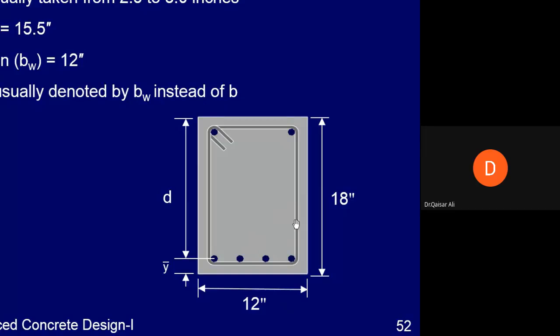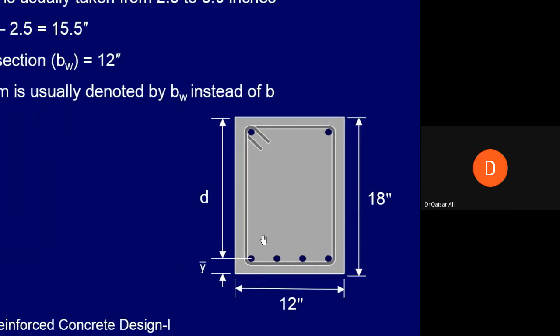Then again, the availability of these bars in the market can become challenging at times. But the readily available bars in the market are number 4, number 6, and number 8 bars. They are always available even in a local market. But other bars are also available in big cities.